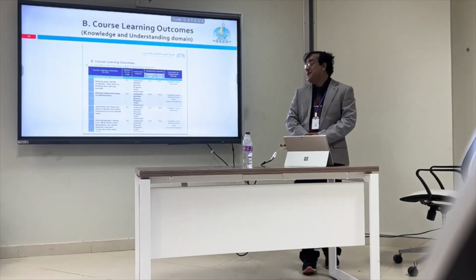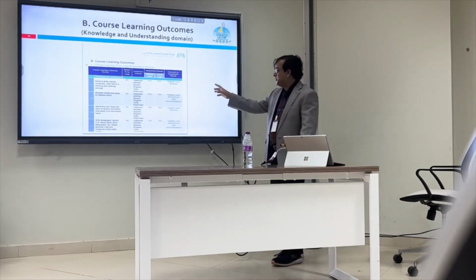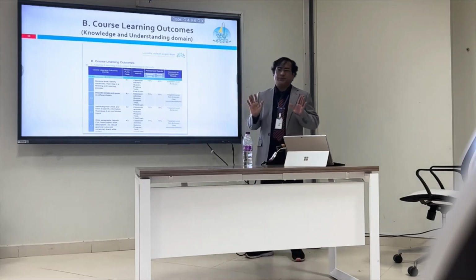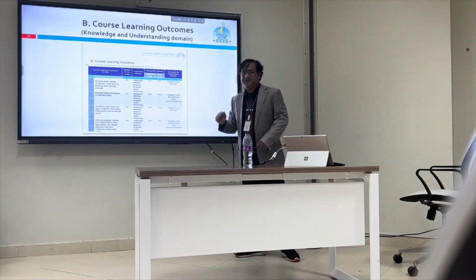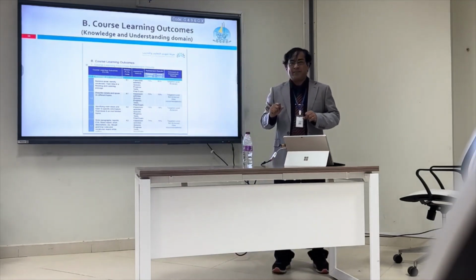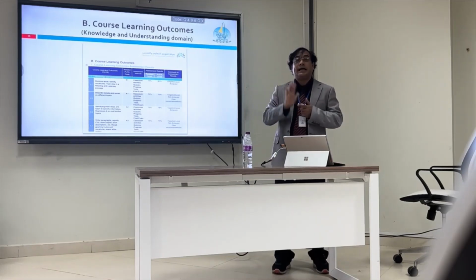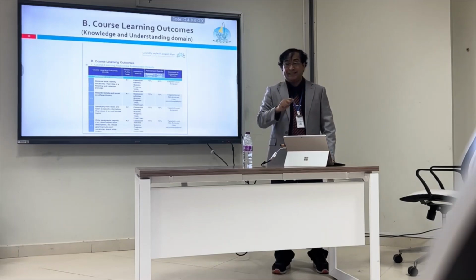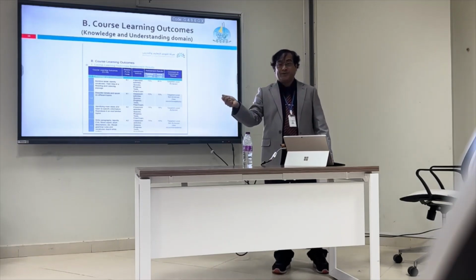Yes. But I want to tell you more clearly, it will be very simple for us. What we need to do is just put 75% on targeted level, because this is the ideal percentage. As I said before, a course learning outcome must have qualities: it must be realistic, measurable, time bound. There are 5 qualities.